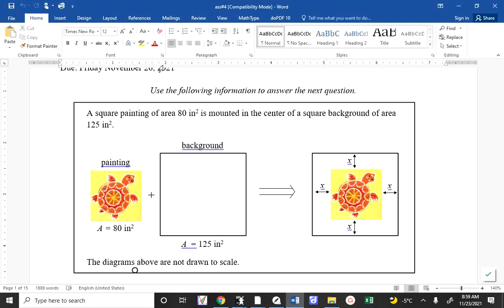Or you could come up with an expression relating x to the area of just the border, which would be the difference between those 2 areas. Or there's potentially even a 4th possibility, but I'm not going to discuss it with you. If you can stumble upon the 4th possibility, your life will be very easy, I think. Anyway, it's open as to how you do that.